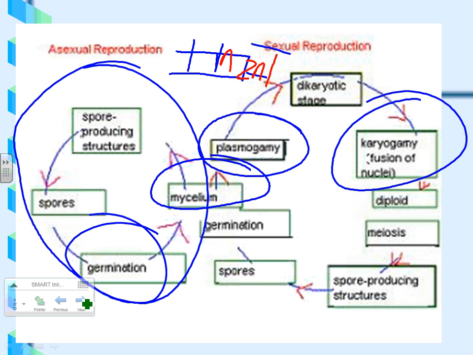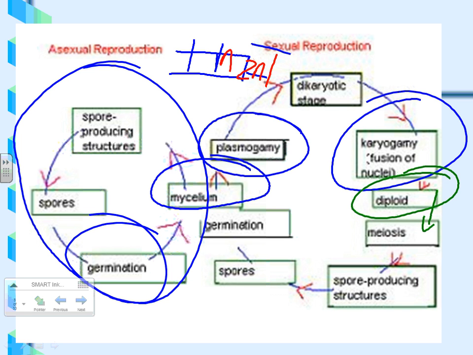That diploid cell then starts, first of all, it'll reproduce itself. It'll do mitosis to reproduce itself. But eventually it undergoes meiosis. What does meiosis do? Meiosis takes one diploid cell and creates from it four haploid cells.